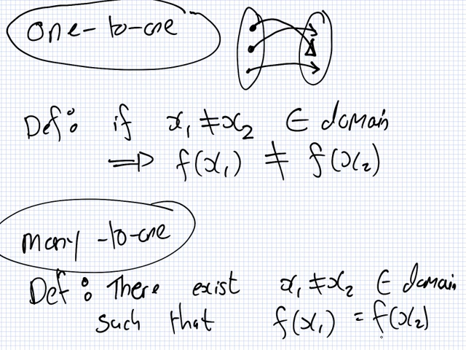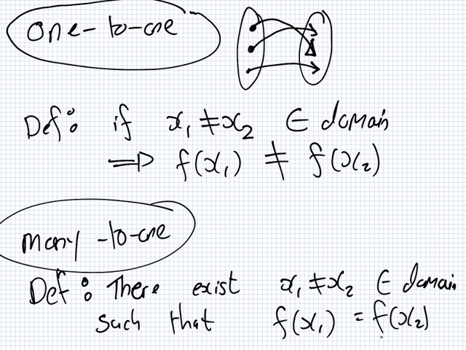What about something else now? What about sine x? For example, sine of 0 is 0. Sine of pi is also 0. So sine is many to 1. Can you think of another function that's many to 1? Cosine. Anything else?